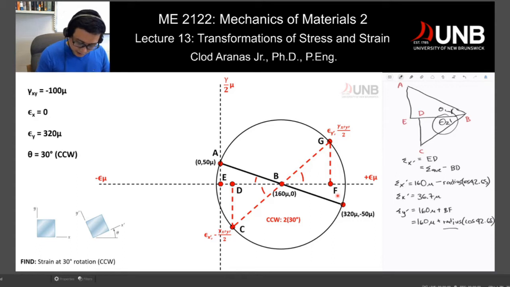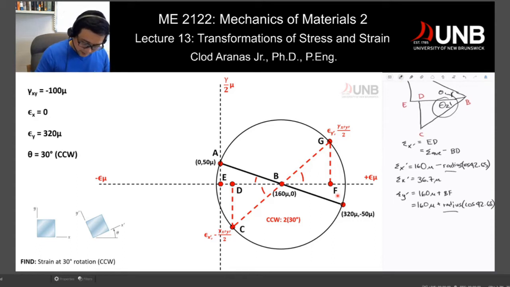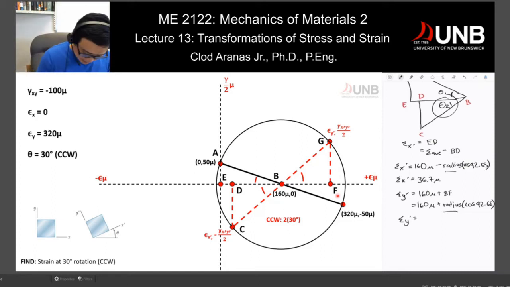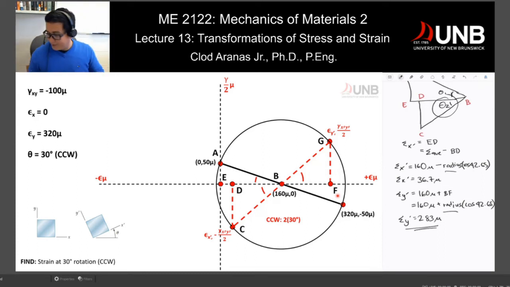Take note that we know the radius and the values from the top, and epsilon y prime is equal to 283 mu. We calculated it earlier, so we have those numbers.